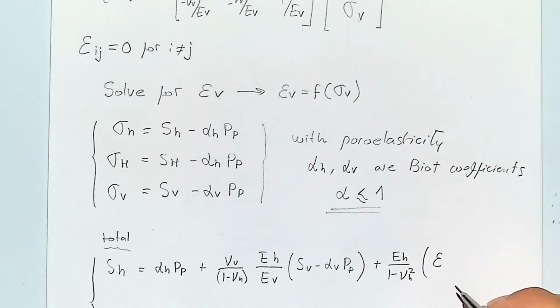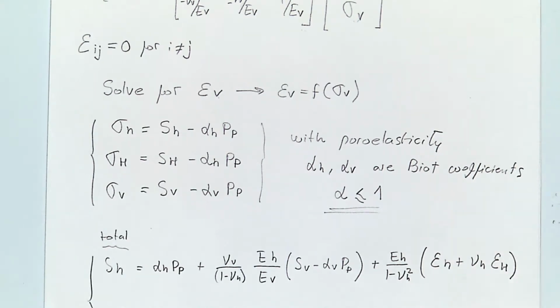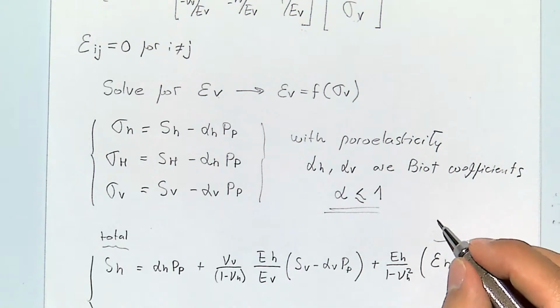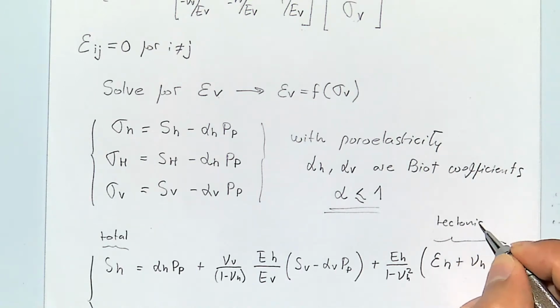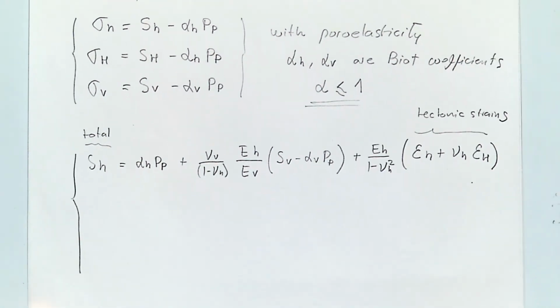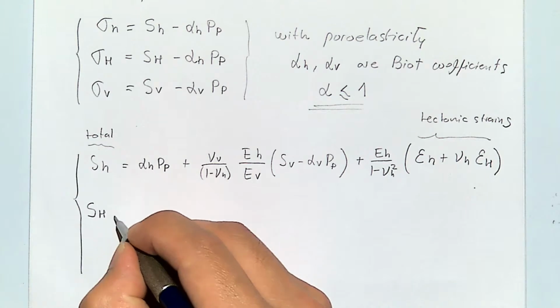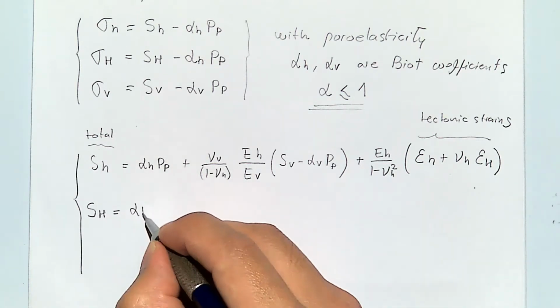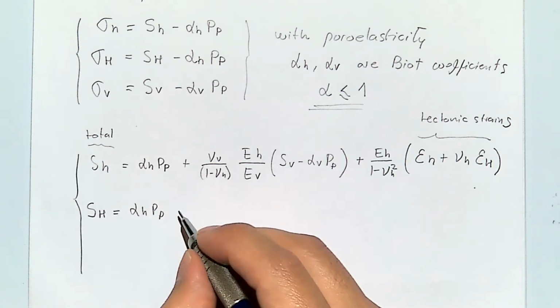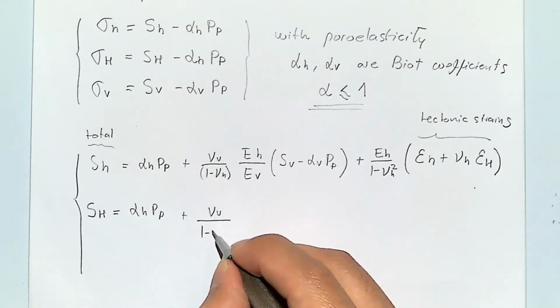I'm just checking that the equation is all right while I write it. Now the tectonic strains are just in one term over here. Okay, that's for the minimum horizontal stress. The maximum horizontal stress is going to be this.